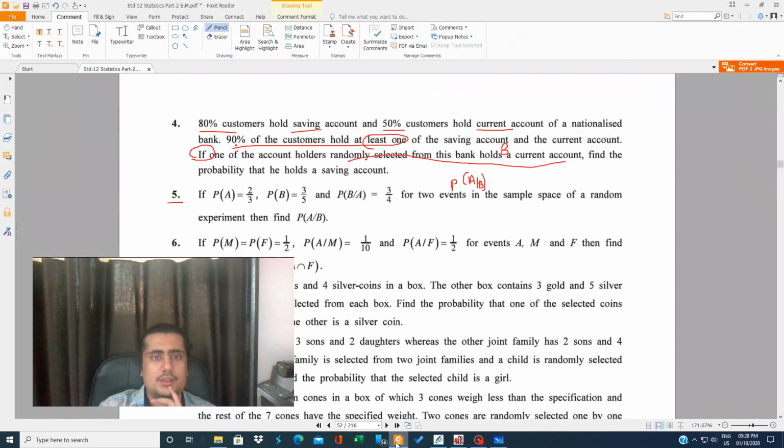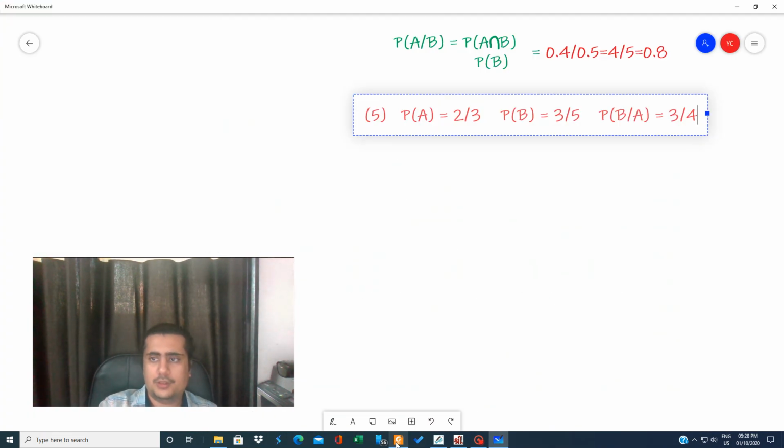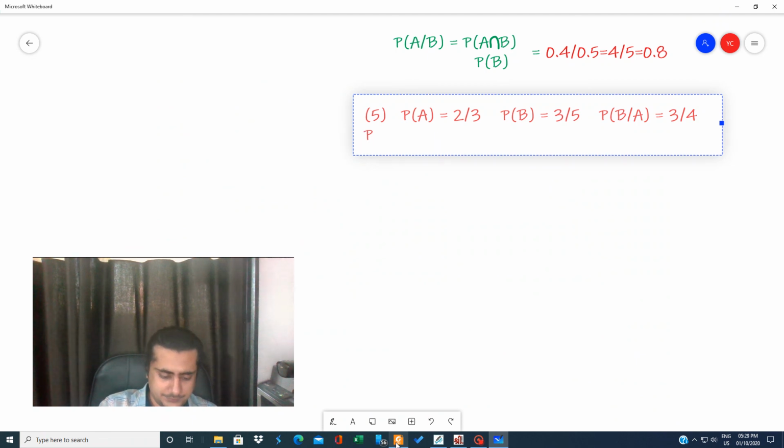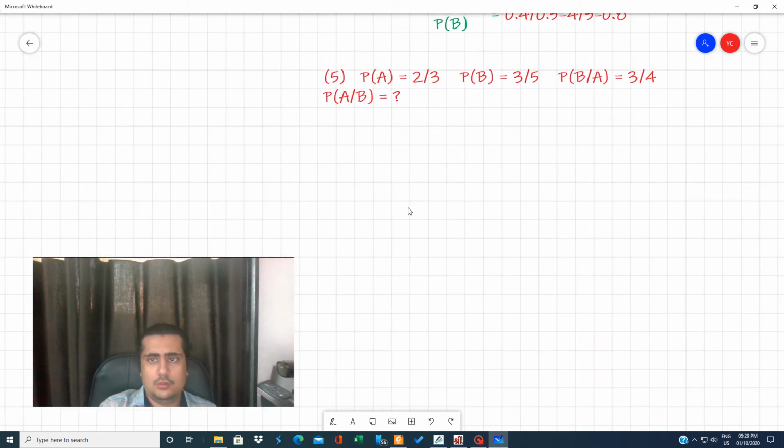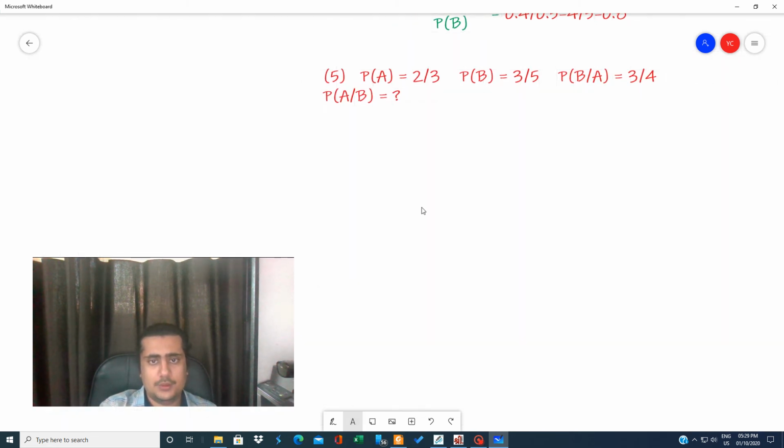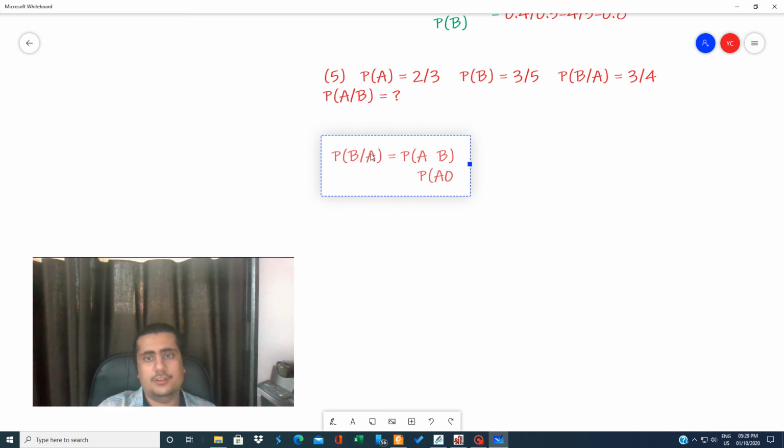What you need to find is P of A upon B. Now, how will you find this? First of all, I will be putting the formula of P of B upon A. P of B upon A is P of A intersection B upon P of A.